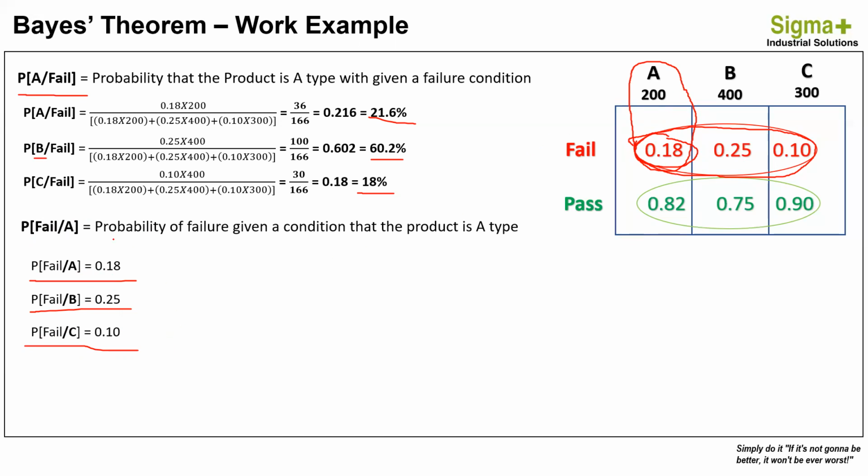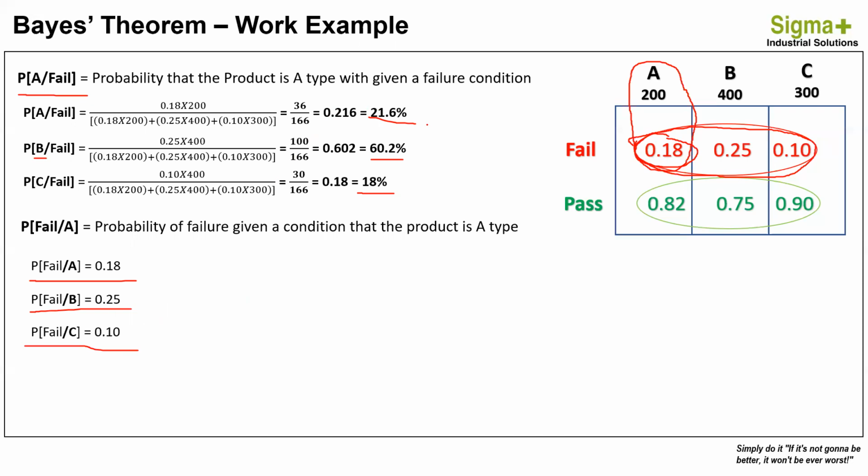Because the sample space of the product A is 200, so we know that the probability of fail subjected to A is 0.18. Okay, and the same for the product B, the probability of fail under the condition of B occurrence is 25%, and the probability of fail subjected to the C type is 0.10 or 10%, and those are the basic information.